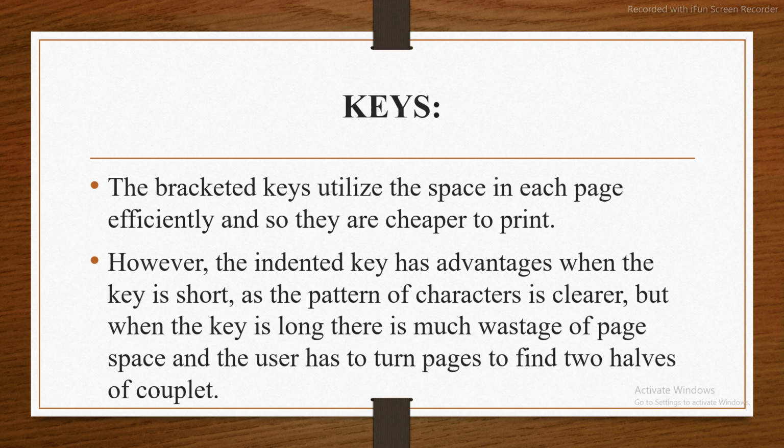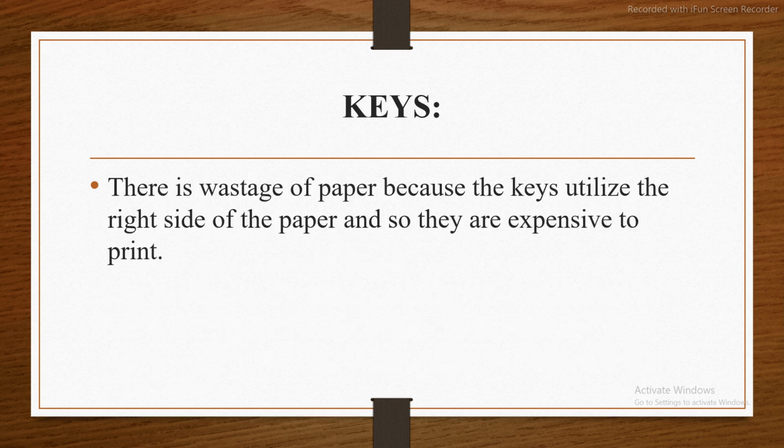However, the indented key has advantages when the key is short as the pattern of characters is clearer. But when the key is long, there is much wastage of page space and the user has to turn pages to find two halves of the couplet. There is wastage of paper because the keys utilize the right side of the paper and so they are expensive to print.